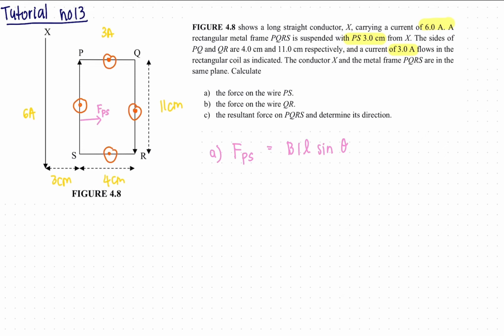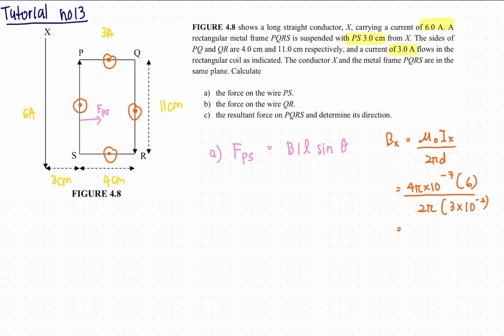So I write here, to find BX, B due to wire X is mu naught IX over 2 pi D. Mu naught is 4 pi × 10^-7. IX, why IX? Because the magnetic field comes from wire X. So there will be 6 ampere over 2 pi. D is the distance between PS and wire X, which is 3 cm.